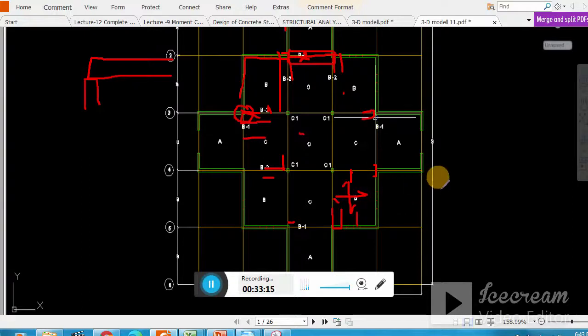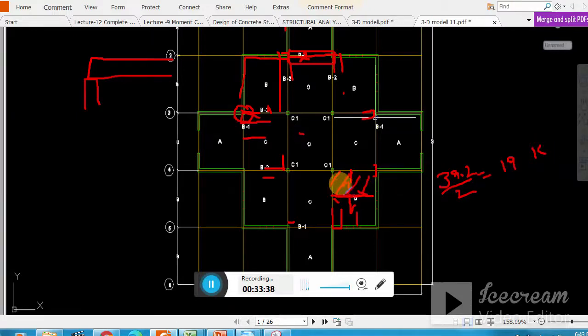So 39.2 divided by 2 gives you the load in one direction. Then if I divide this panel into half portions, this is my half portion weight.